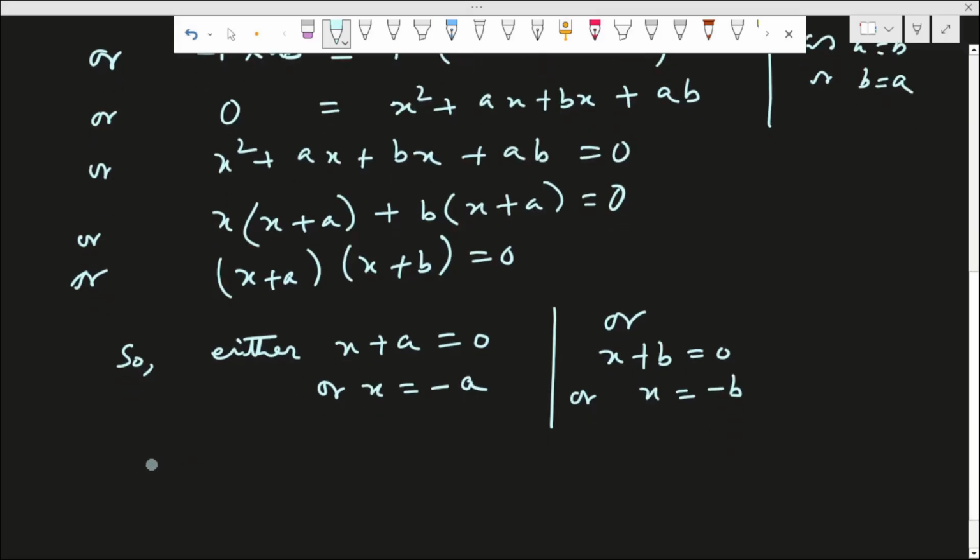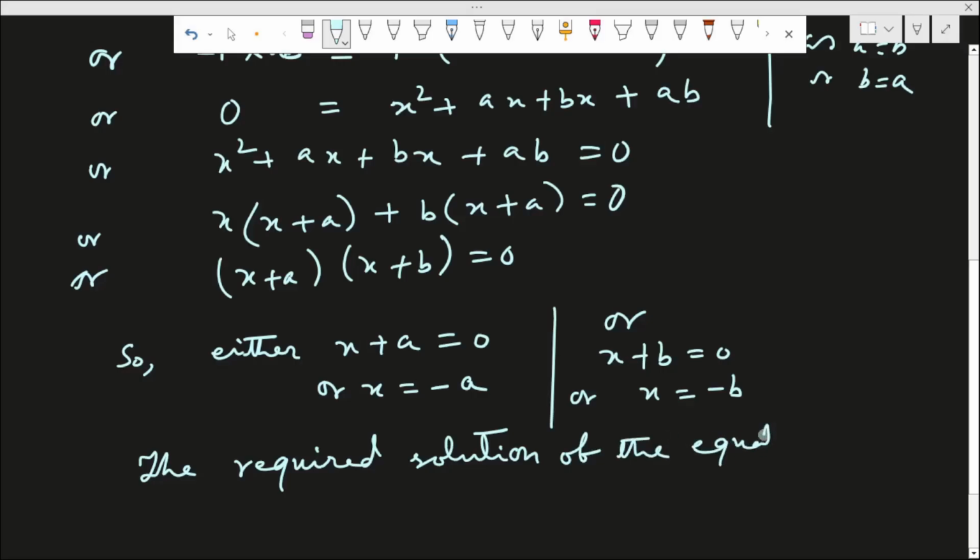Therefore, the required solution of the equation is x is equal to minus a and x is equal to minus b.